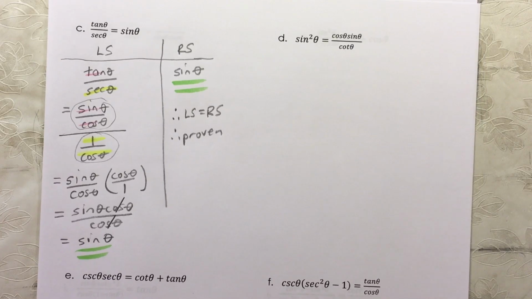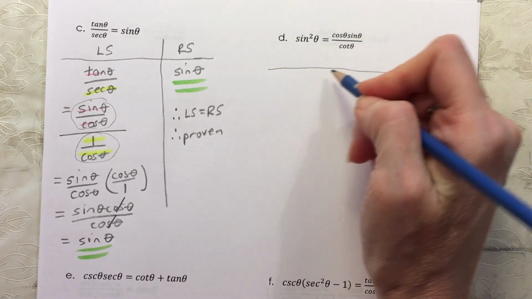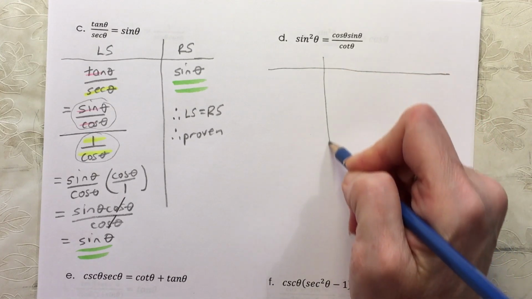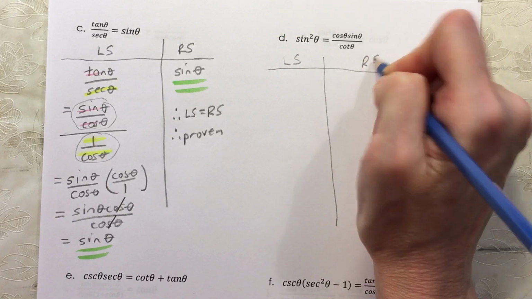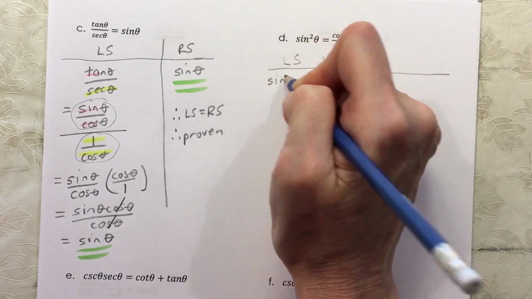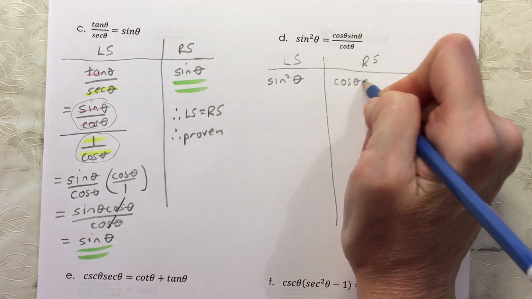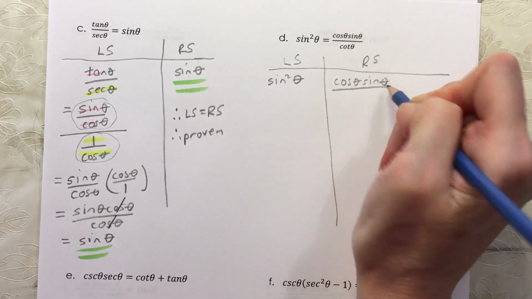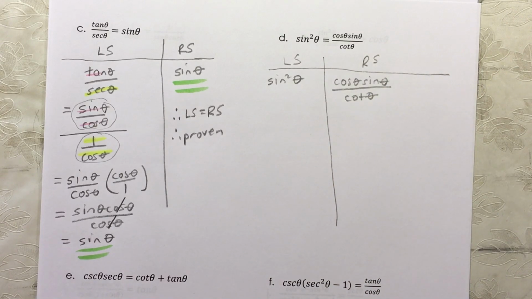Okay, D. So this time I'm going to leave more room on the right side because it looks more complicated. And definitely the right side looks more complicated, so I would start with that.